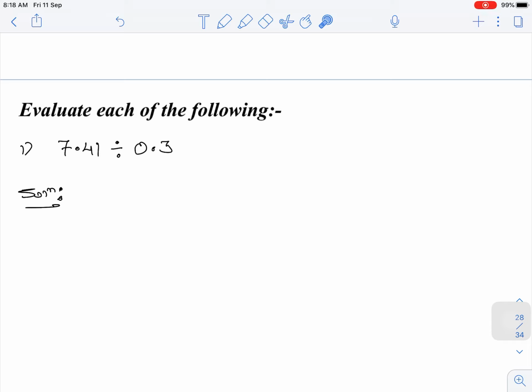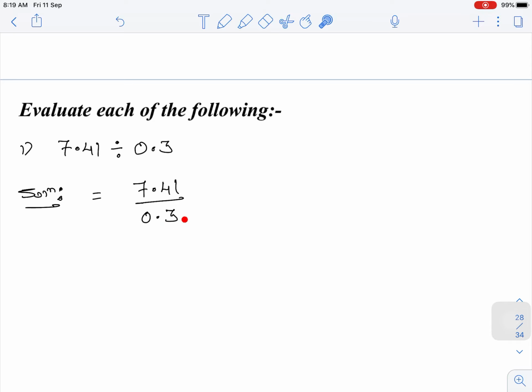Whenever we have to divide a decimal number by another decimal number, the first step is to write it in numerator-denominator form. Solution equals 7.41 upon 0.3. Now we have to remove this decimal. How to remove it?